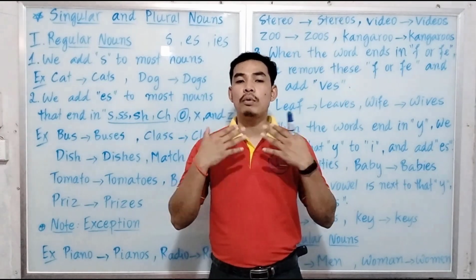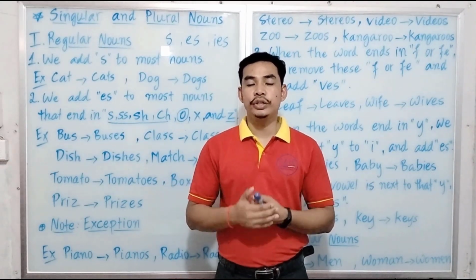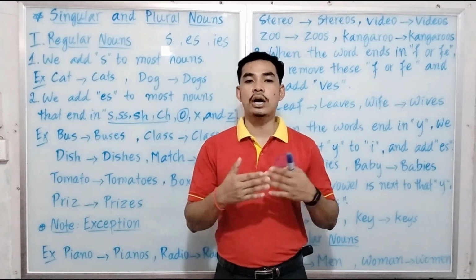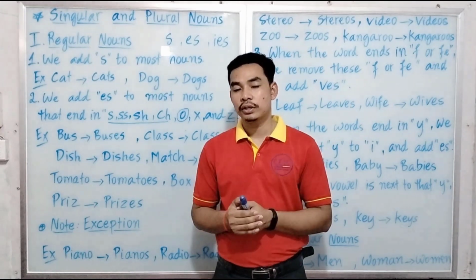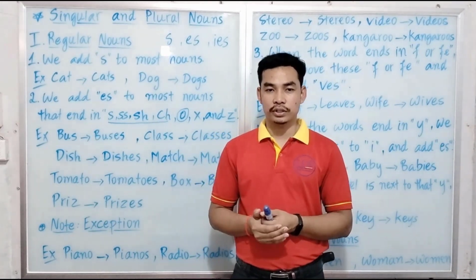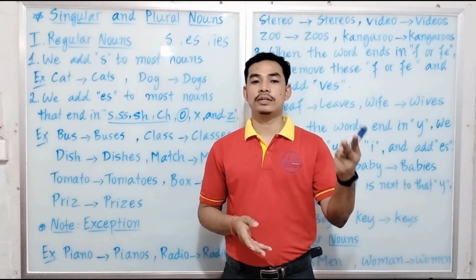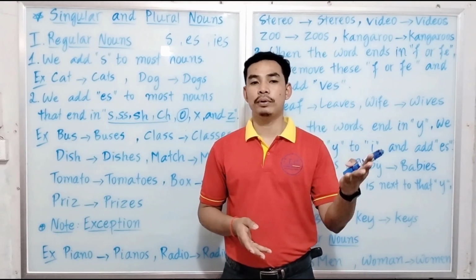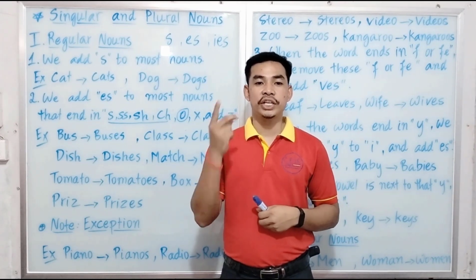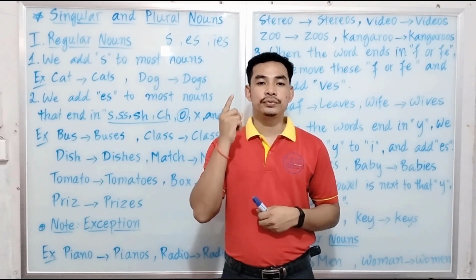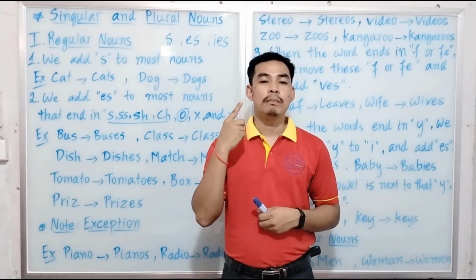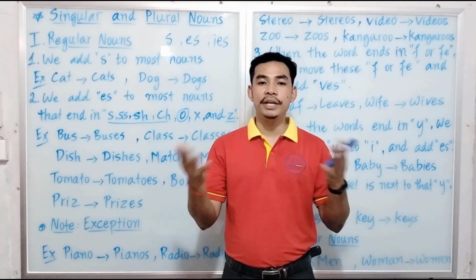And if you want to know more about irregular nouns, you need to go to the internet and you type irregular noun list. So you will see a lot of words. So example like child, children, person, people, tooth, teeth, foot, feet, mouse, mice. So there are many more words.